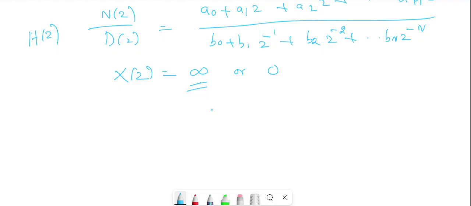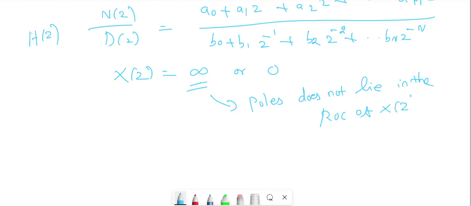So the poles do not lie in the ROC of x of z. This is an important note.